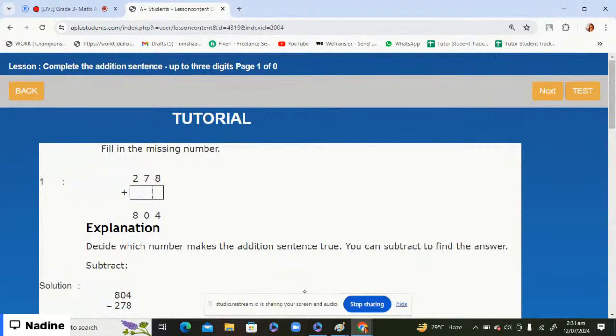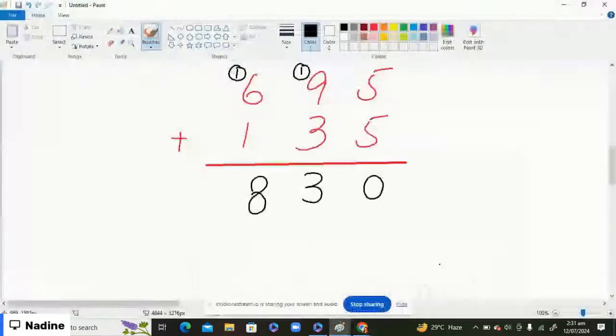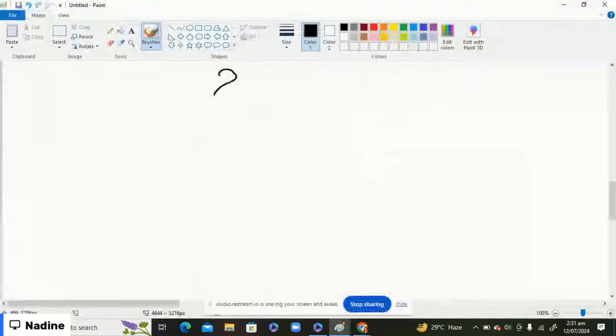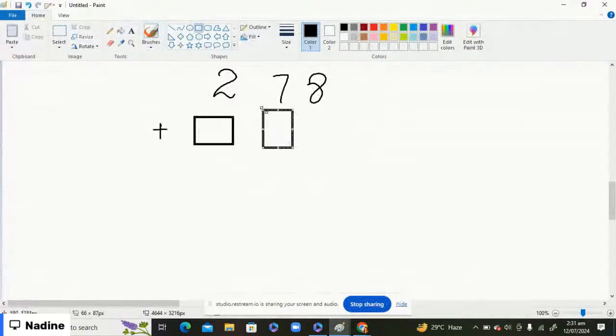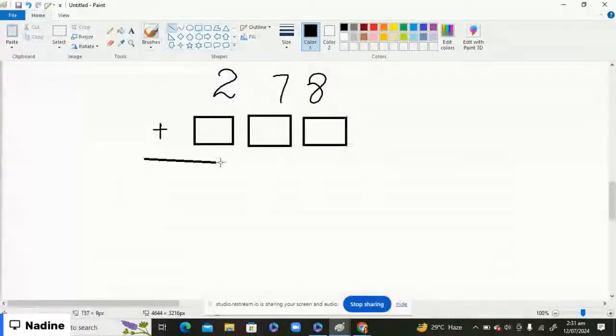So this is 278 plus 804. Okay, let's put it here. 278, then plus, here are all missing numbers. And then the answer when you got it, that is 804.